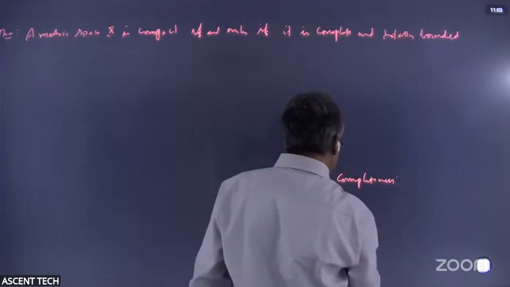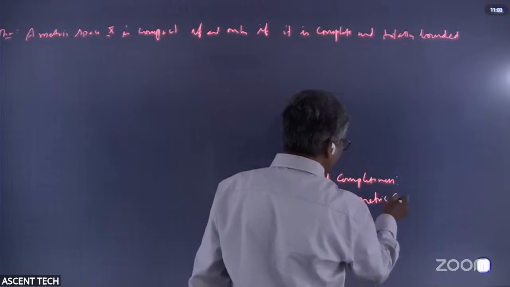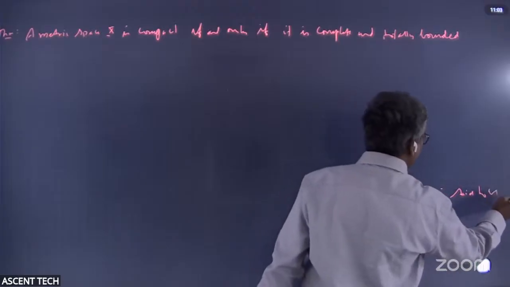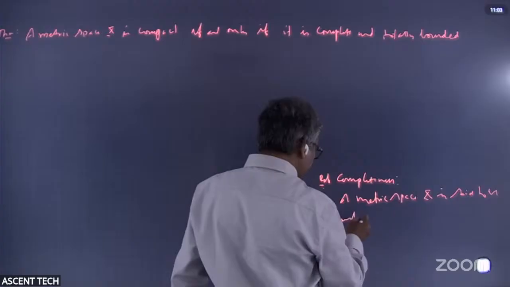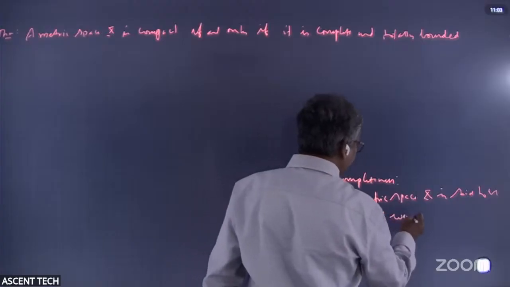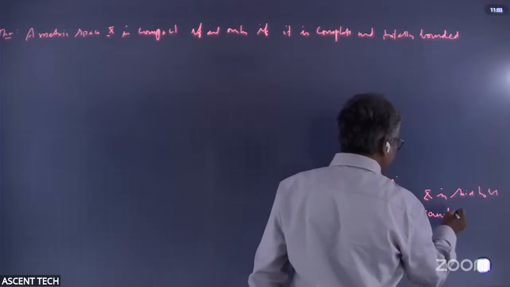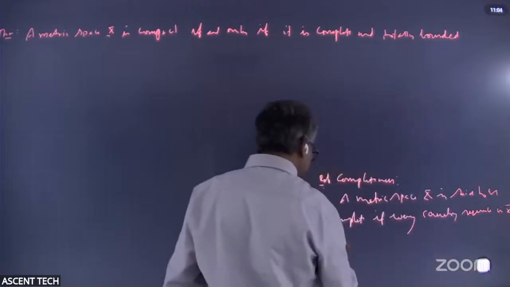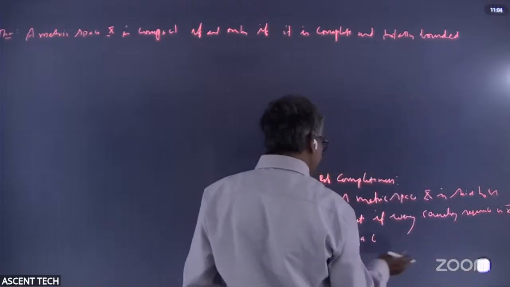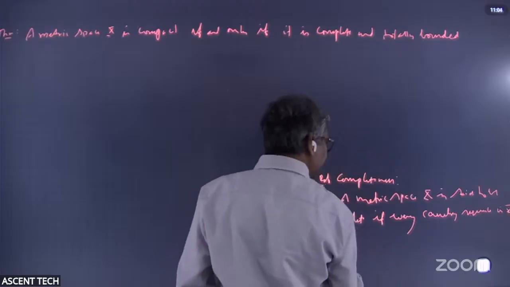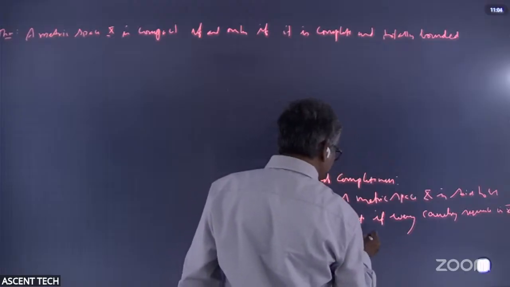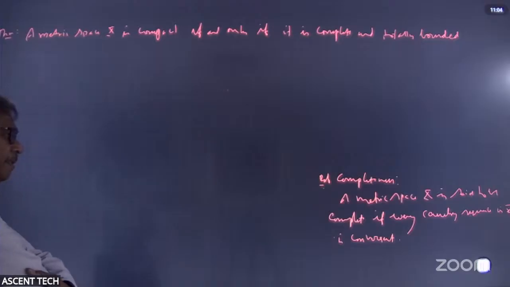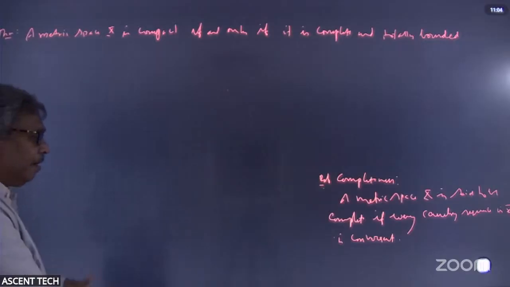A metric space X is said to be complete if every Cauchy sequence in X is convergent. Cauchy sequences need not converge, but in a complete metric space, they converge.